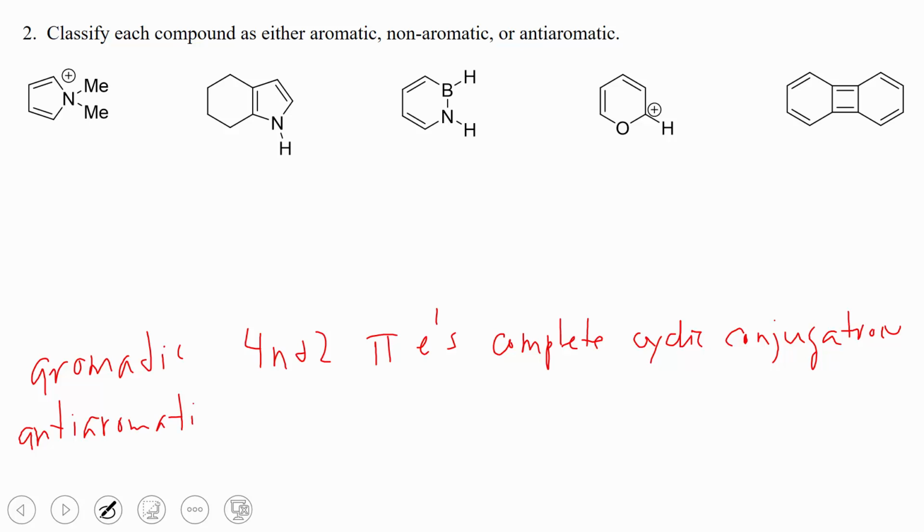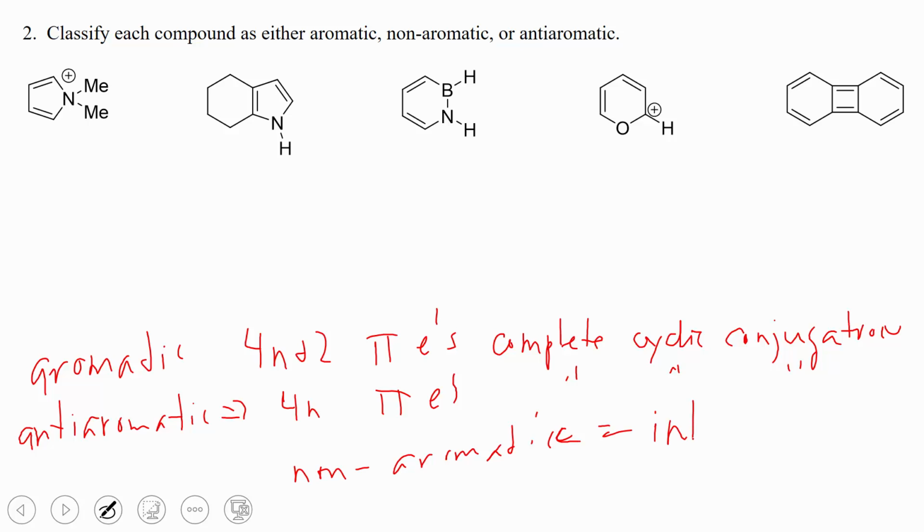Anti-aromatic, we'll have 4n pi electrons, also in complete cyclic conjugation, and non-aromatic, we usually have some sort of interruption in the conjugation. Okay, it's not going to be completely conjugated.